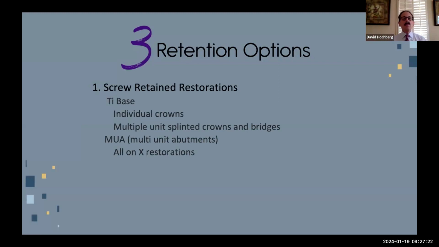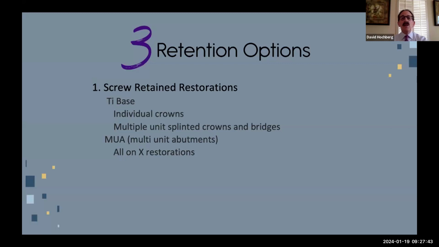So a titanium base is just that. You're interfacing your platform and your connection with titanium. A titanium base is cemented to your crown every time. So cement is utilized. It's just not utilized at the same time you're placing the restoration.